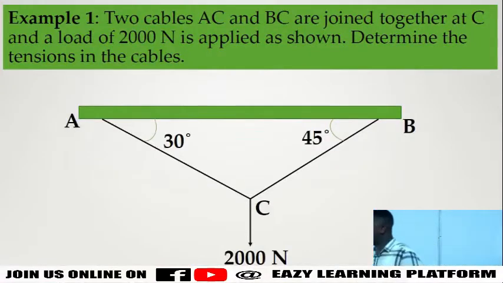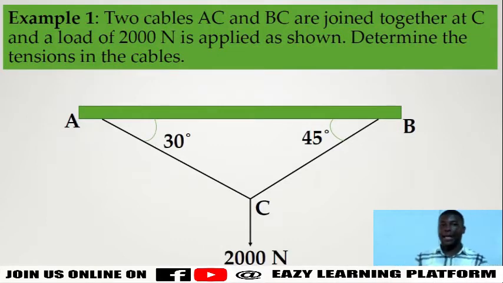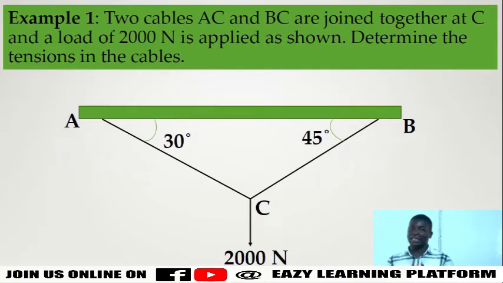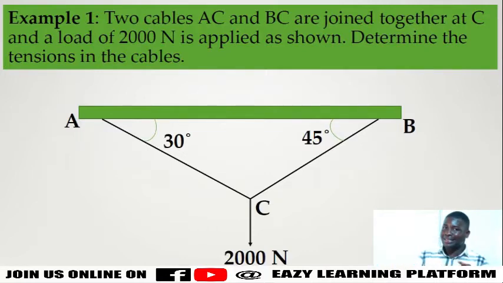So we move on to the first example on equilibrium of a particle, how to apply the equilibrium equations. Remember that for the equilibrium equation, we have summation of forces in the x direction is equal to 0, in the y direction is equal to 0, in the z direction is equal to 0, provided it's a 3-dimensional Cartesian coordinate.